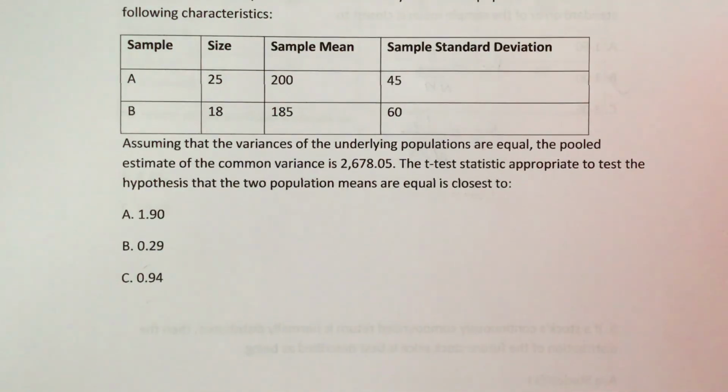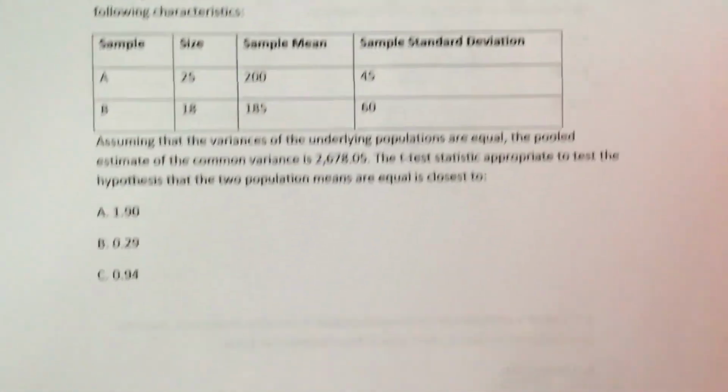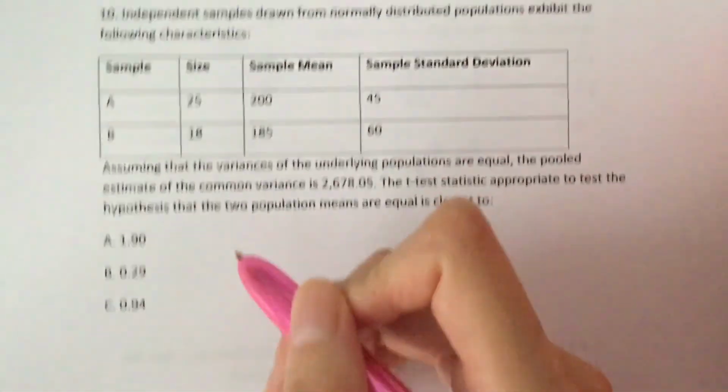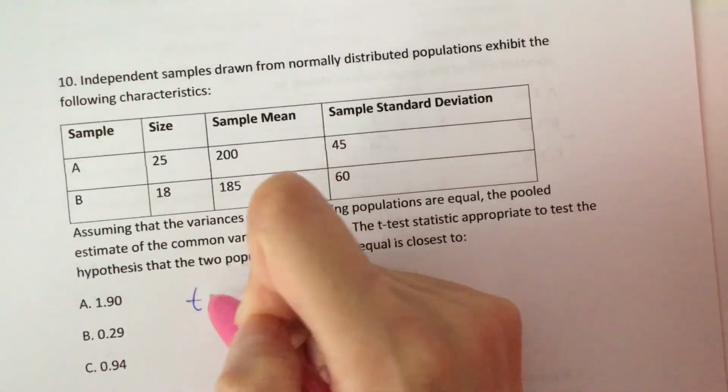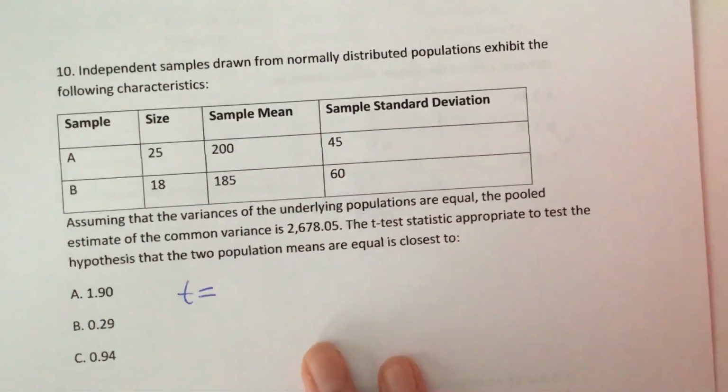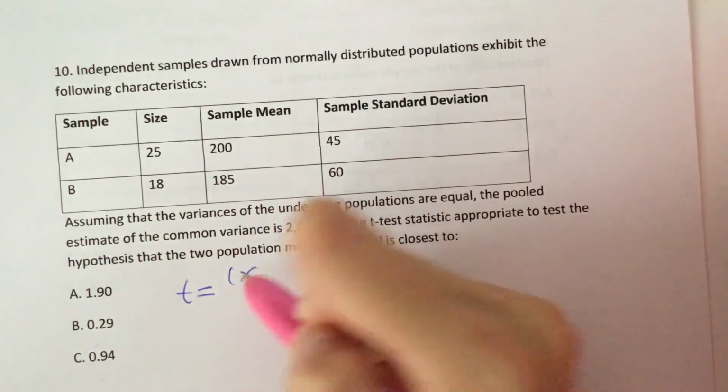The t-statistic for the given information, with normally distributed population variances assumed equal, is calculated as t equals.